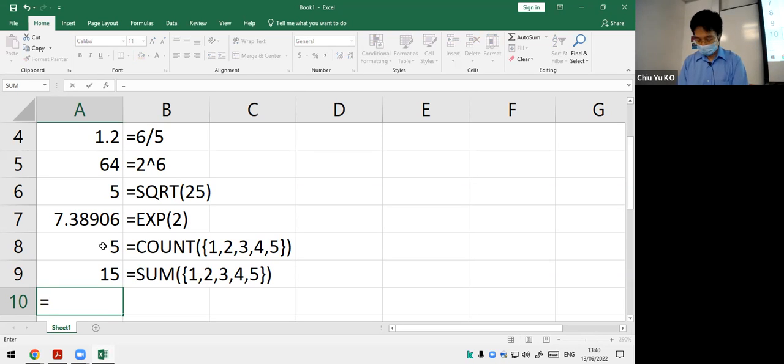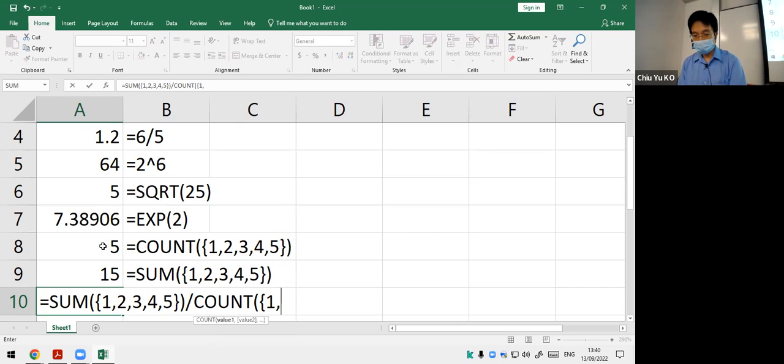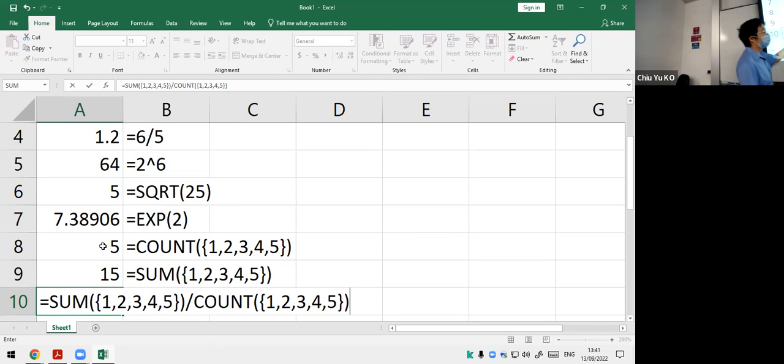And easily you can say sum over count is average. What I meant is if you do it this way, sum 1, 2, 3, 4, 5, and divided by count 1, 2, 3, 4, and 5, this will give you what? Average, right?